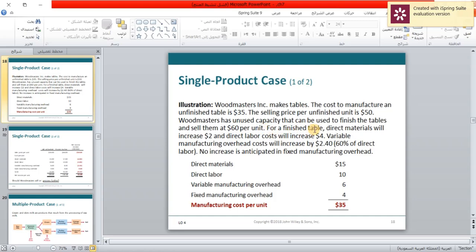For a finished table, direct materials will increase $2 and direct labor cost will increase $4. Variable manufacturing overhead cost will increase by $2.40, 60% of the direct labor. No increase is anticipated in fixed manufacturing overhead.